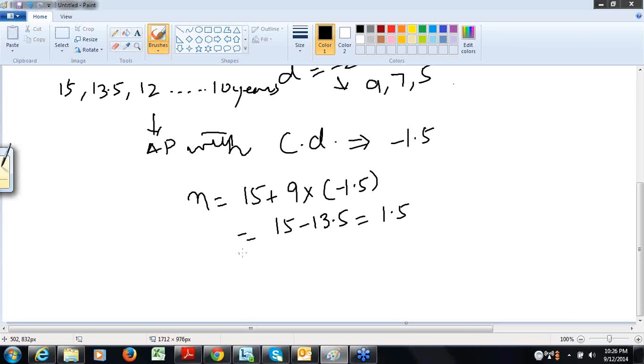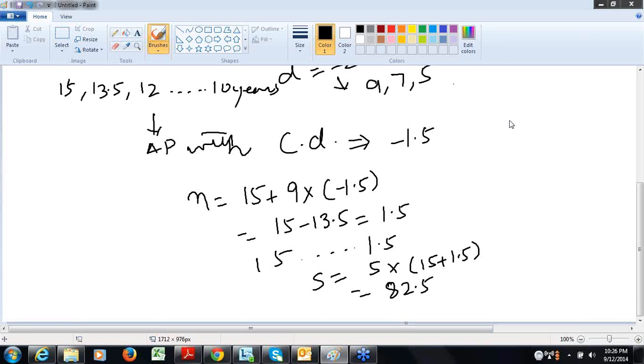So you have to find the sum from 15 till 1.5. So the sum will be 5 into 15 plus 1.5, so it will be 82.5.